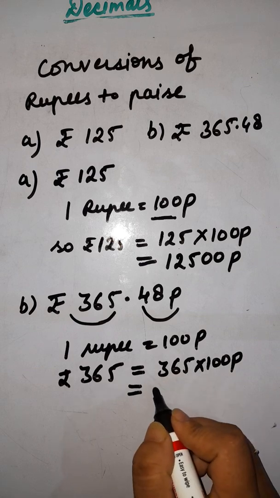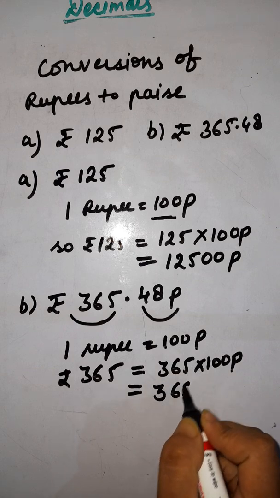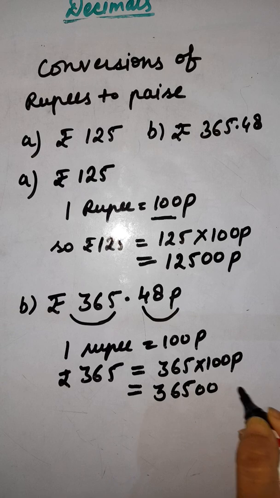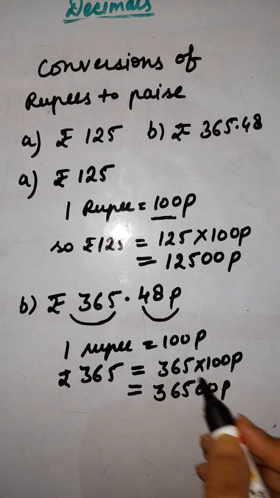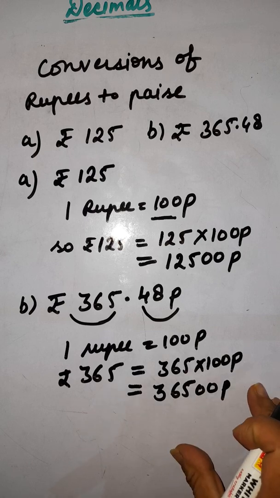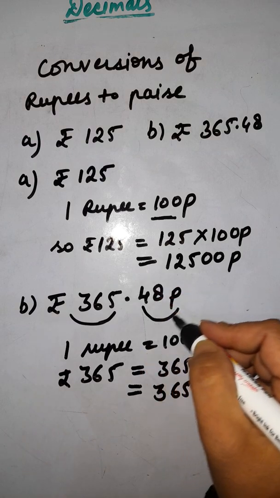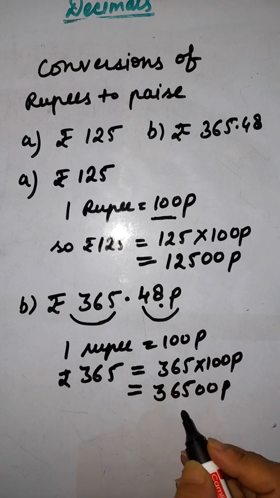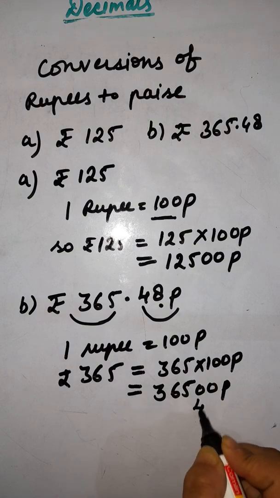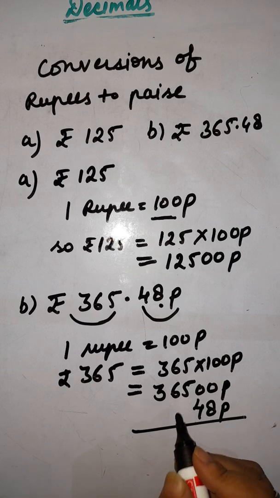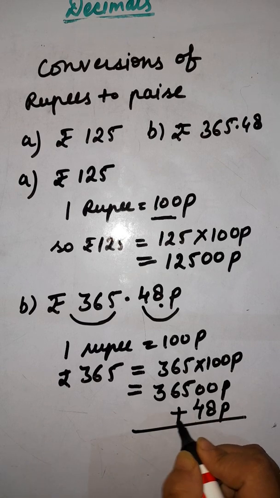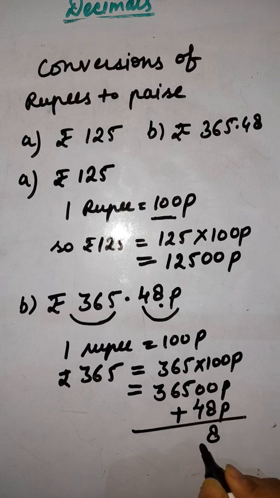Now we'll get the same amount here, 365, and add two zeros. Now this is converted into paise. Now we have 48 paise here. We'll add 48 to the obtained amount. So 8 plus 0 is 8, 4 plus 0 is 4, then 5, 6 and 3.